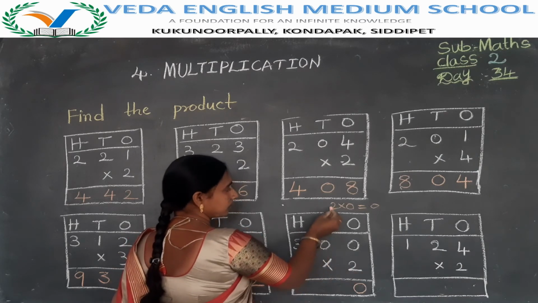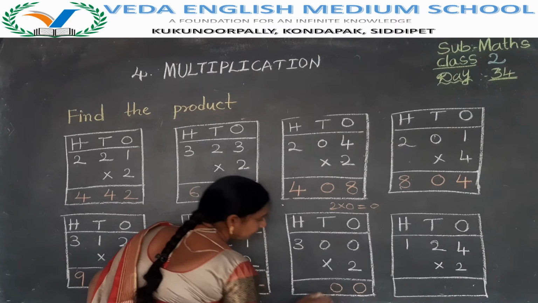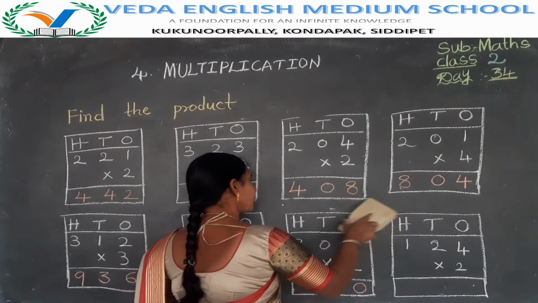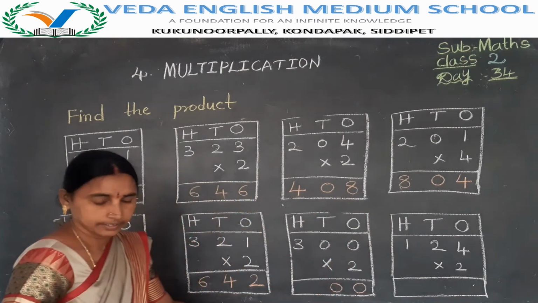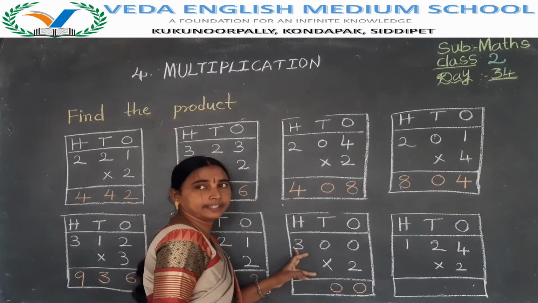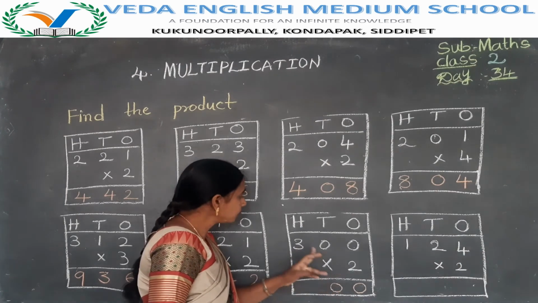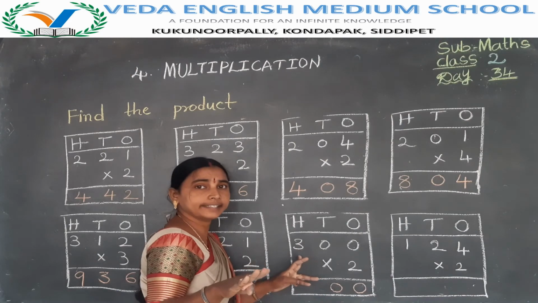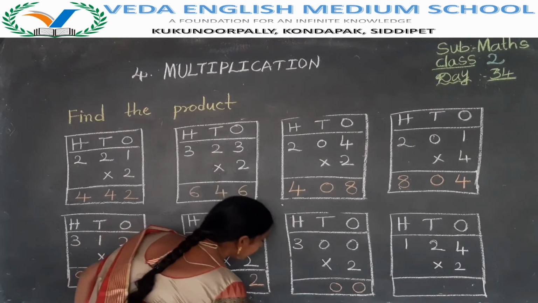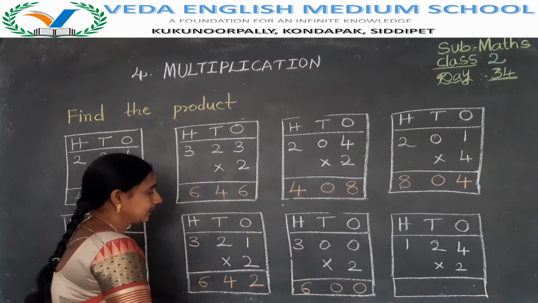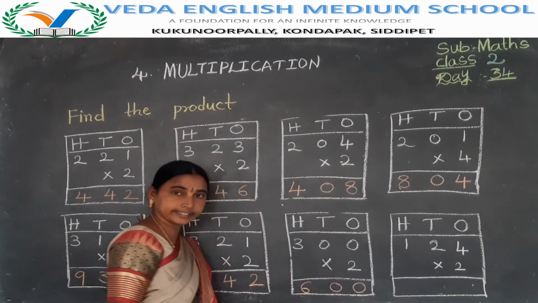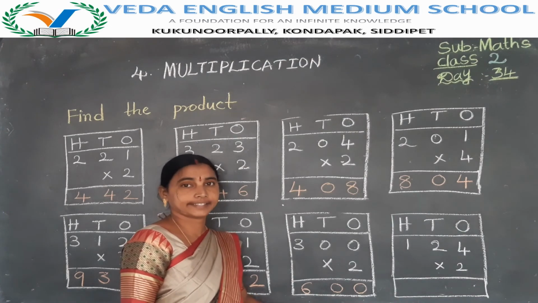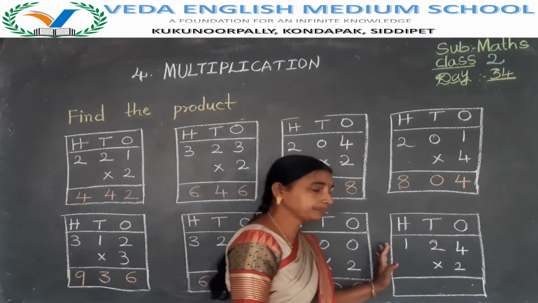That means also 2 into 0. 2 zeros are 0. Okay? The hundreds place is 3. Multiply digit 2 in the hundreds place by 3. That means 2 ones are 2, 2 twos are 4, 2 threes are 6. So now write 6 under the hundreds place. See Nana, the product here is 600.